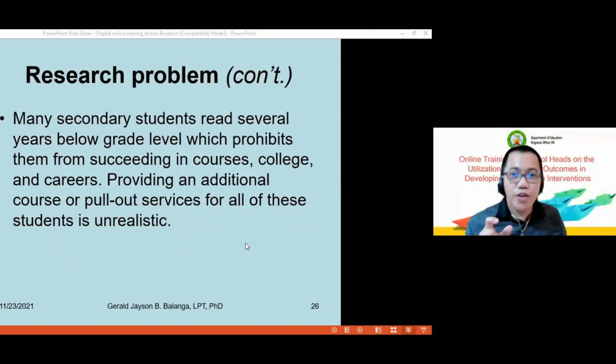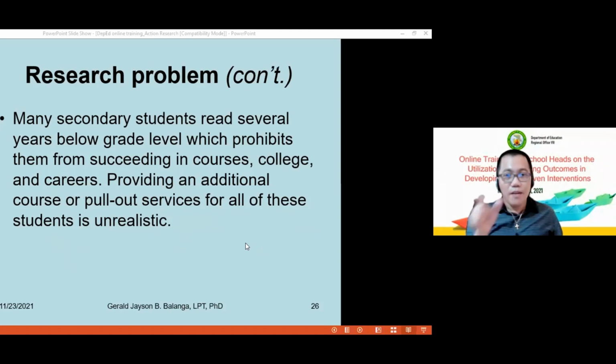Many secondary students read several years below their grade level. Meaning, ang reading level nila is way below the secondary students' reading level, which prohibits them from succeeding in courses, college, and careers.